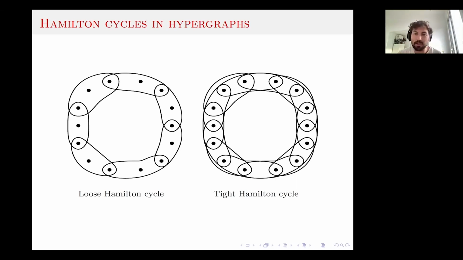Again, you have a full range between 1 and k-1. You have some parameter L, which controls how connected consecutive edges are in your hypergraph Hamilton cycle. This is what we call a hypergraph L-cycle. These two extremes are where most of the research has been done.